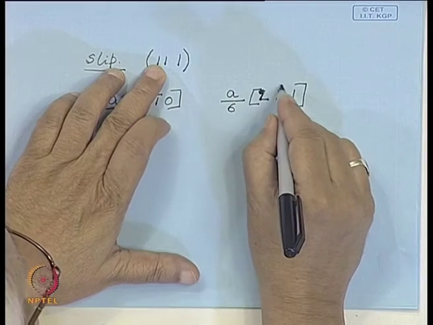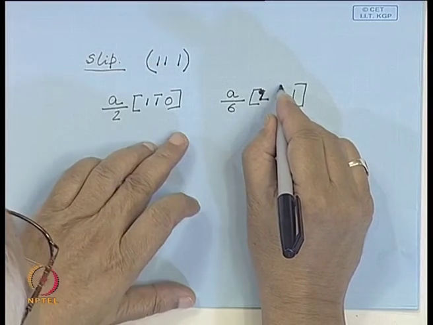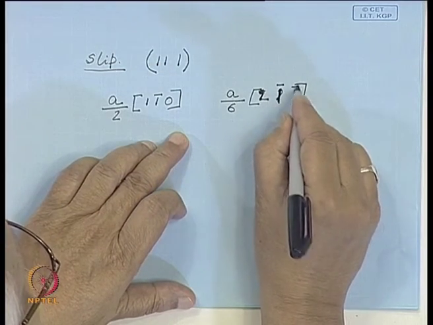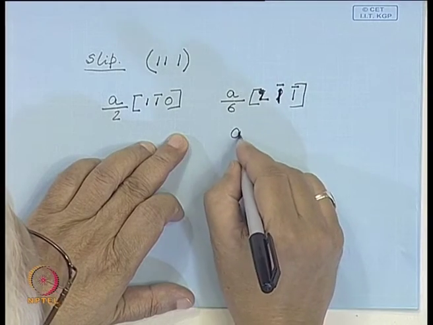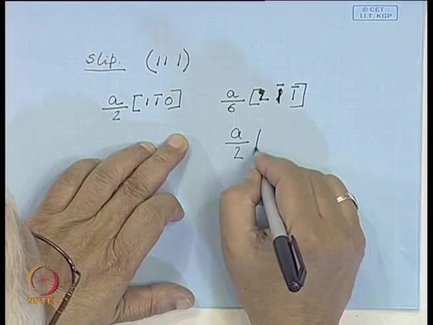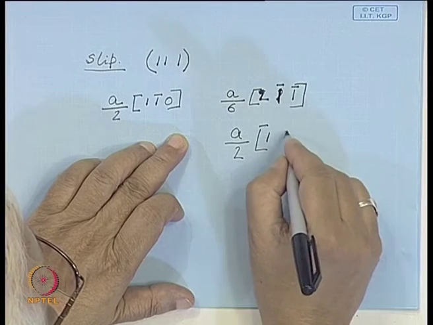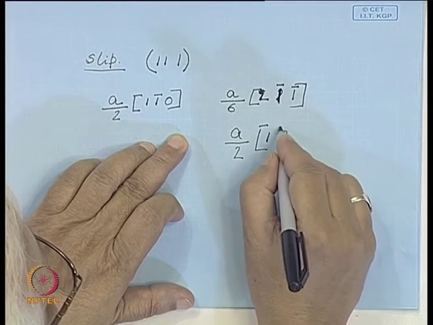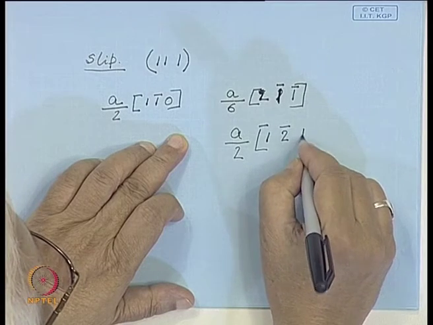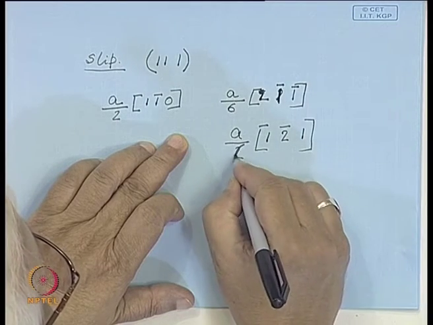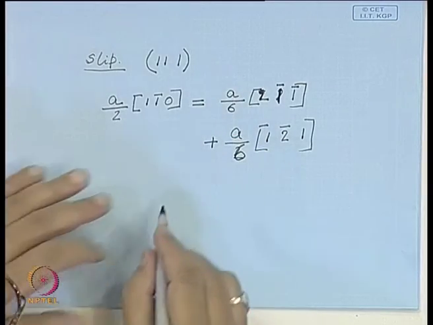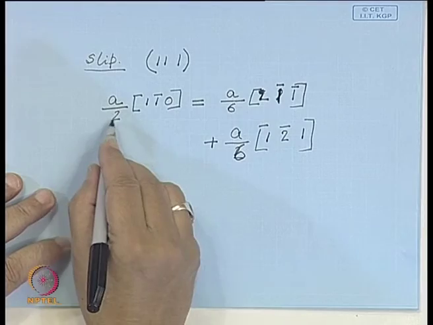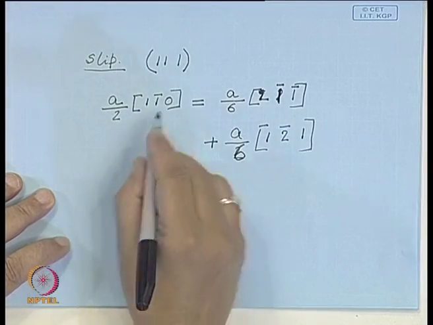So you have to do it like this: we make this another a by 6 [1 2 bar 1], and this also a by 6. So what we are asking is, is this reaction possible?